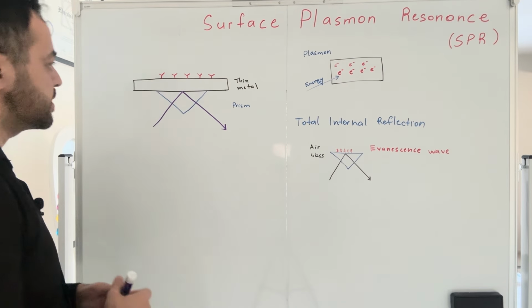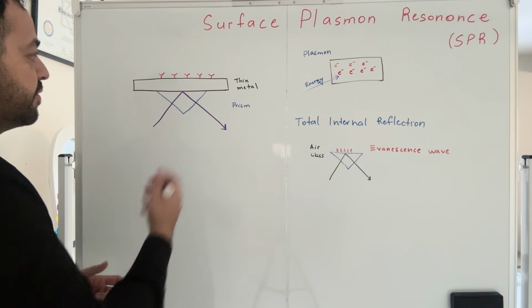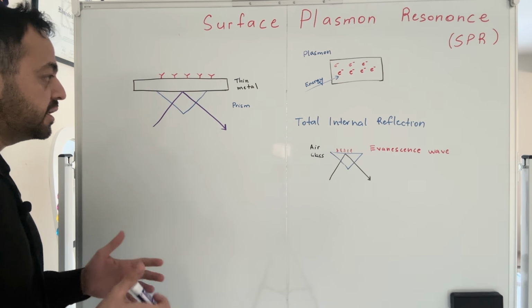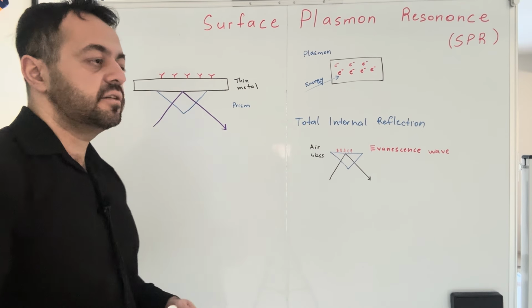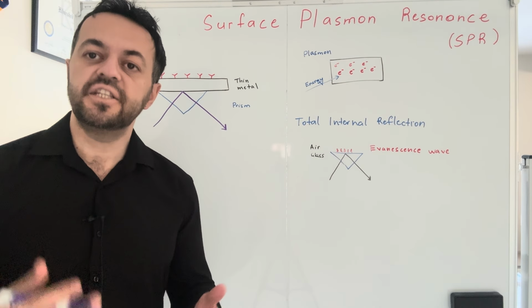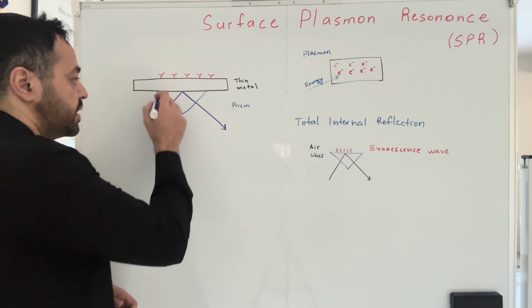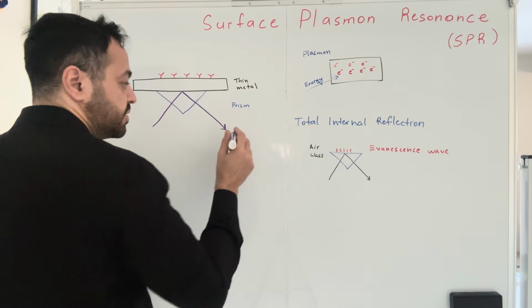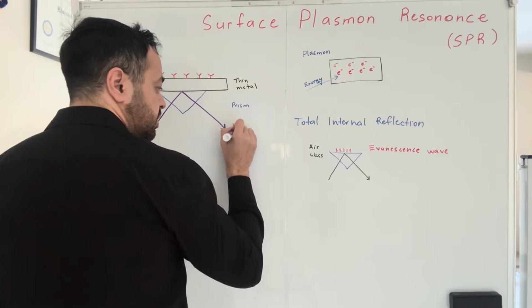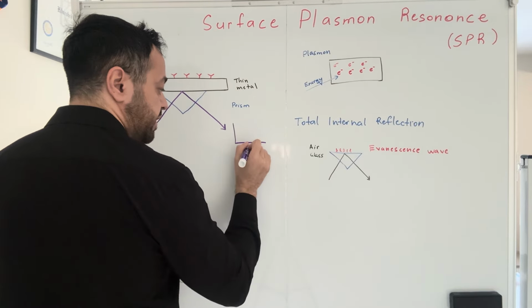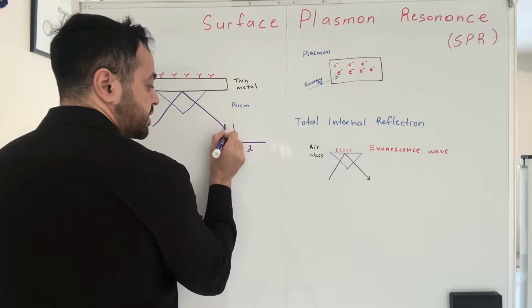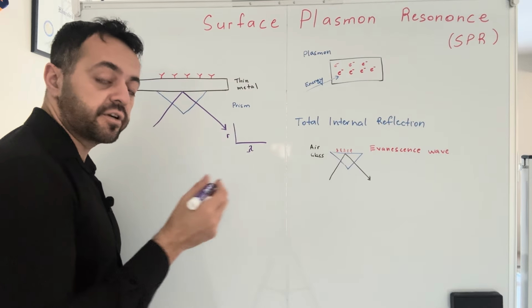So before coupling antibody with any analyte, they check the reflectivity. They check the intensity. So what happens is when it generates on the screen, you can see a curve. Typically, it's a wavelength versus reflection or intensity.